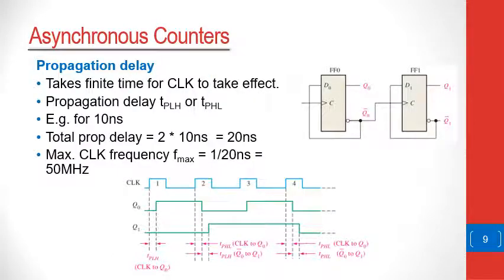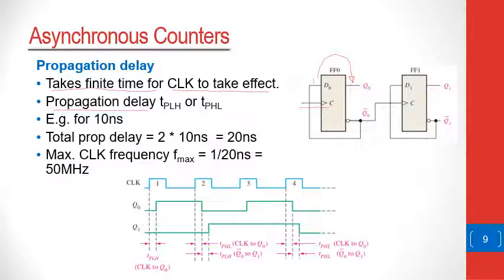Going back to propagation delay, it takes a finite amount of time for the clock to take effect. That is, when the clock changes, the input takes a certain amount of time to reflect at the output. This is because of the propagation delay of the logic gates that make up the flip-flop itself.